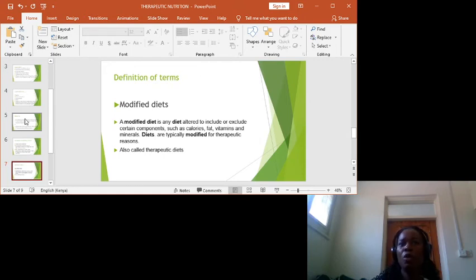And we have been talking about modified diets. A modified diet is any diet altered to include or exclude certain components.